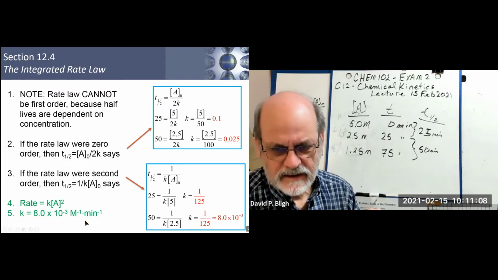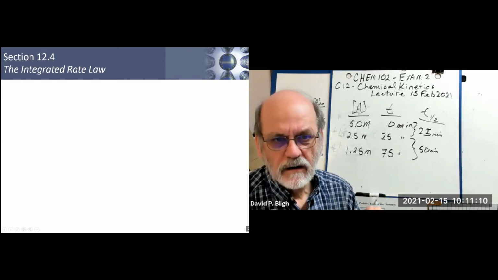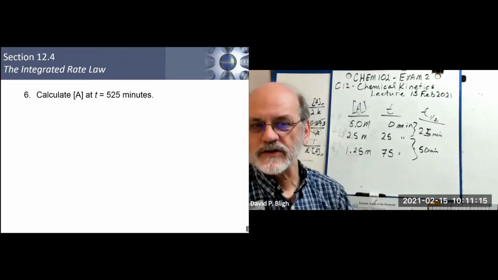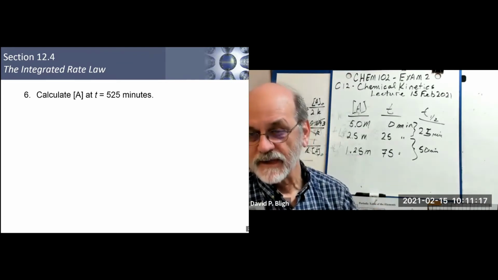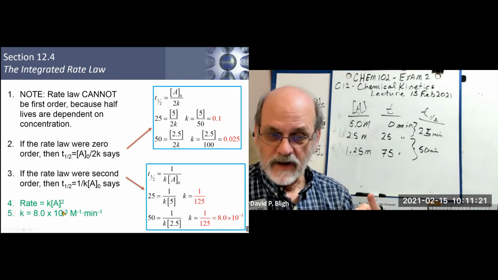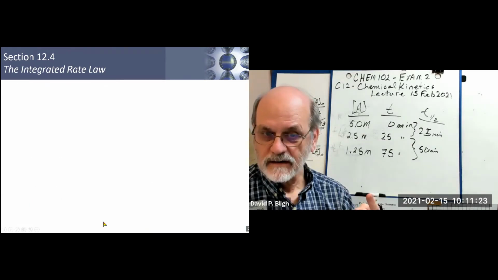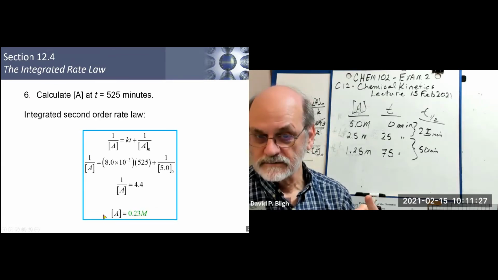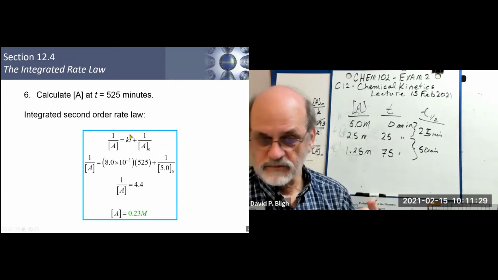Oh, then we need to calculate what's the concentration after 525 minutes. Well, now we have K, right? So we can plug it into the second order rate law here. There's your generic form.